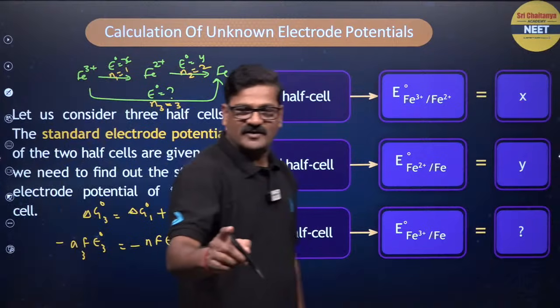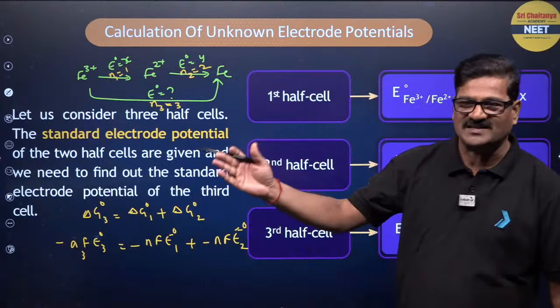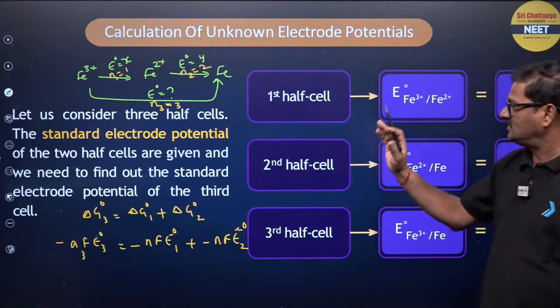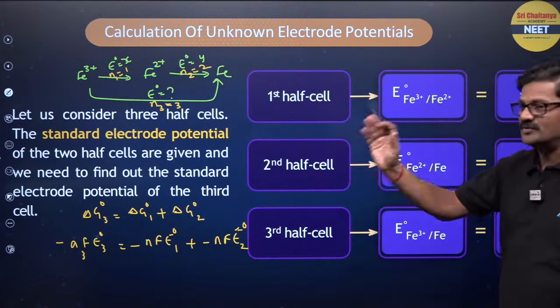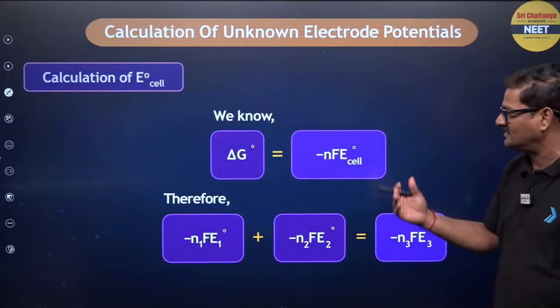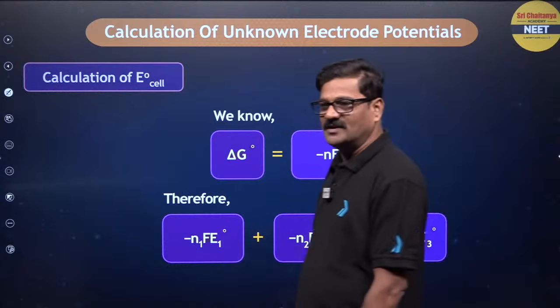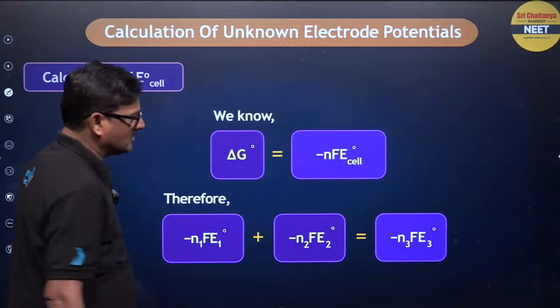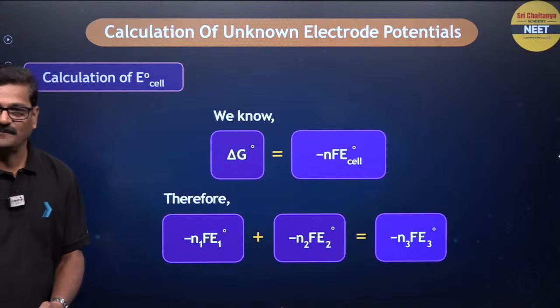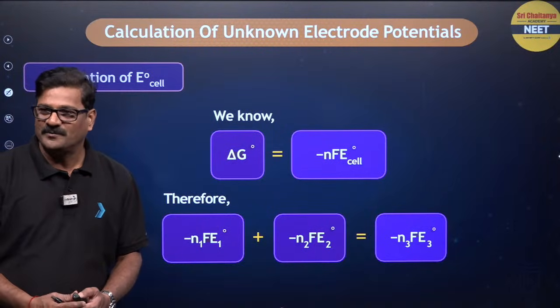The same way it could be given in terms of X and Y, or some values, and you can directly put the values and get the answer. Minus n1 E naught 1 plus minus n2 E naught 2 is equal to minus n3 E naught 3. Fine?